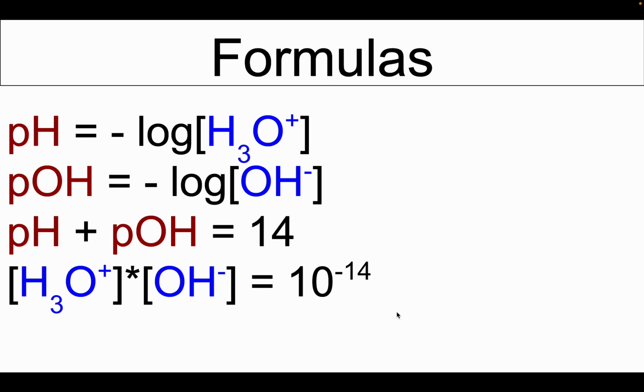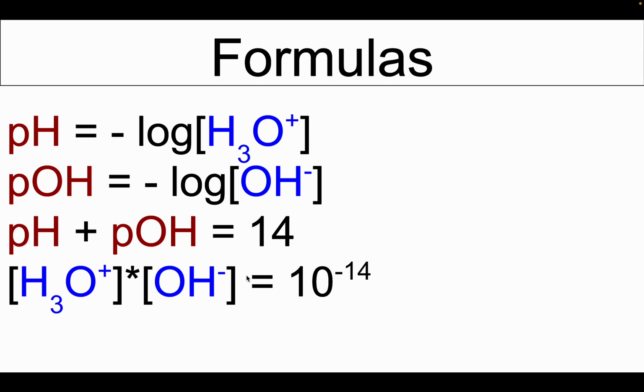Okay, these are some formulas that we're going to use. There's basically 4 quantities that we need to know about a substance when we're talking about whether it's an acid or a base, and that's the pH, the pOH, the hydronium concentration, and the hydroxide concentration. And from those values we actually get 4 equations.